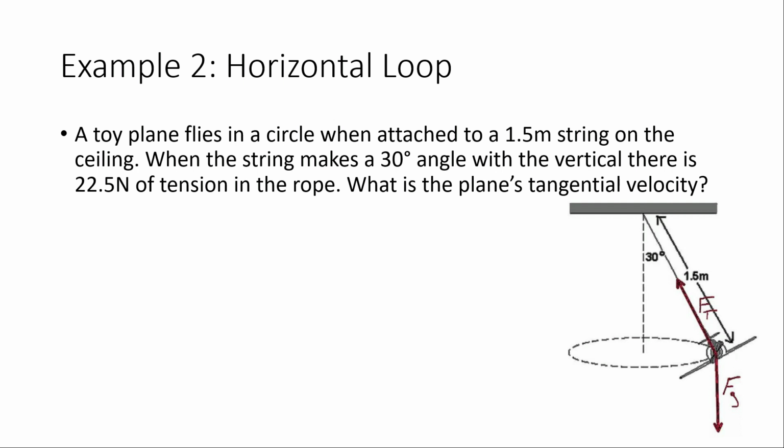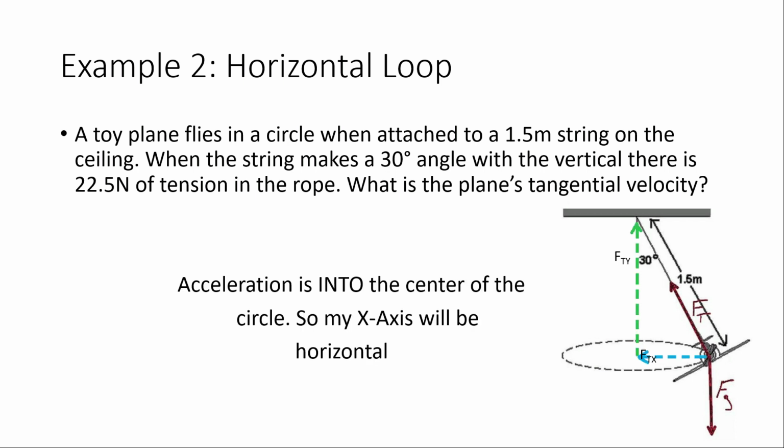Now the next thing is I need to set my axes. Where will my x-axis be? Well, the acceleration is into the center of its path, that circle there, and the center of that path is a horizontal loop. So the horizontal is my x-axis because that's where the acceleration actually is.